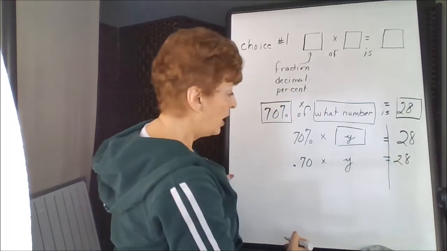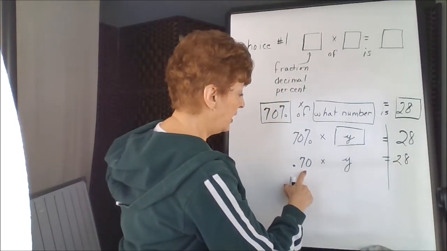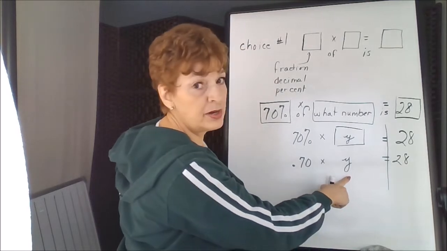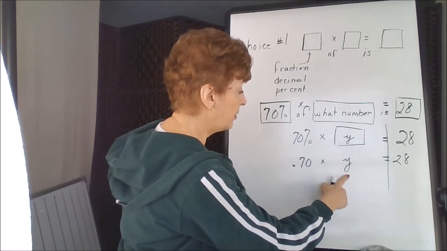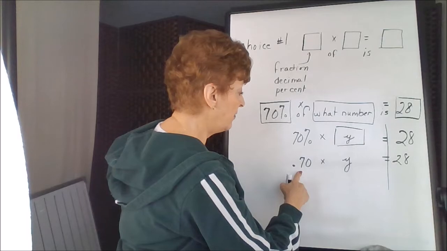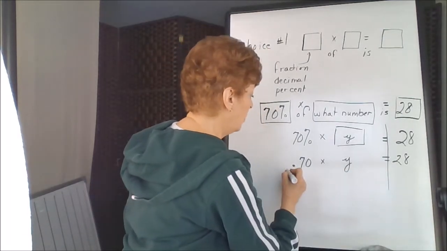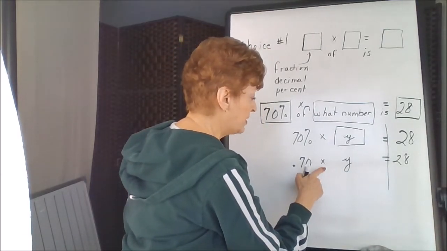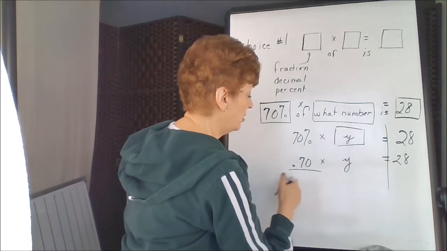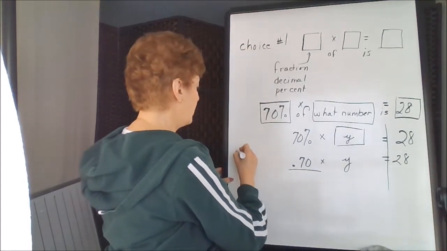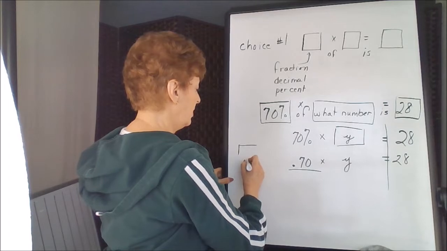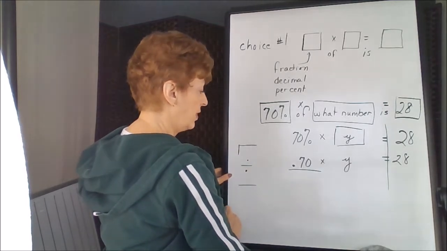At this point, we're going to have to make our 70 leave the unknown. This is what we want to find out. So we're going to have to take our 70 to the other side. We do that through the opposite of multiplication, which is division. Remember, our division signs are these with the fraction line.